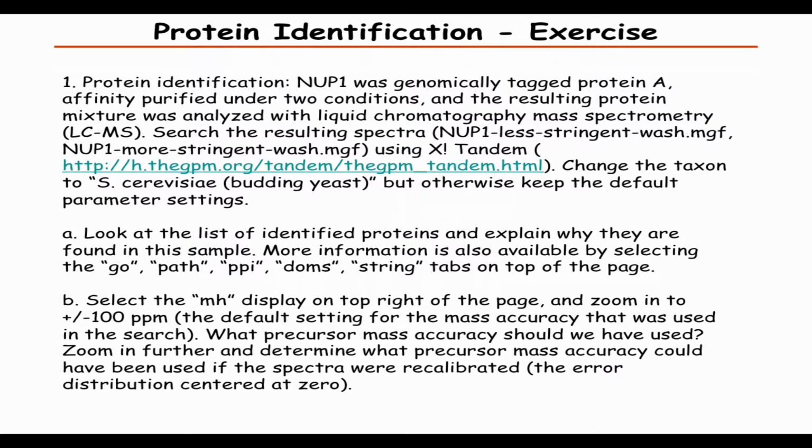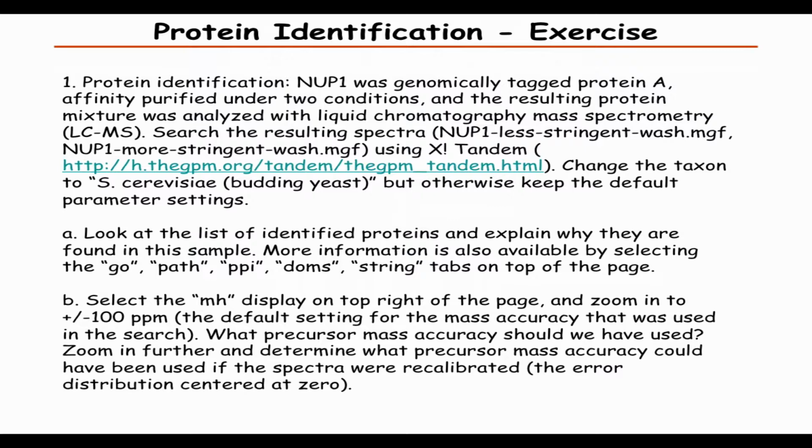The first part is to take those 2 files and go to this link to Tandem and do the search. You can use the default parameters, except that you should change it to search Saccharomyces cerevisiae. If you do those searches, we can then continue.